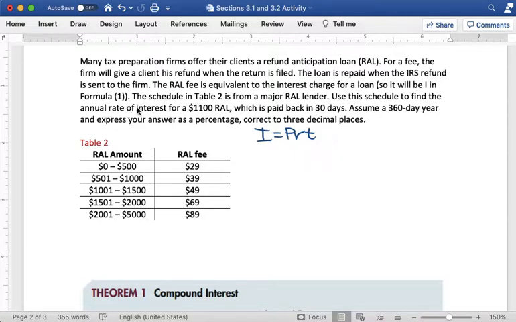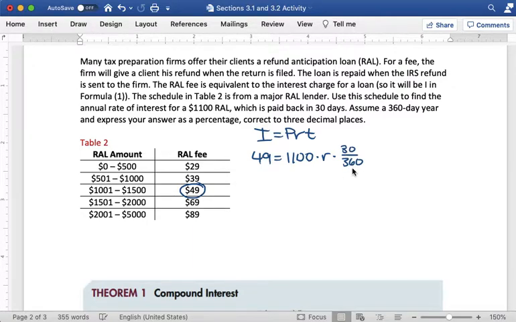So if our loan is $1,100, using the chart here, that's going to be $49 in interest. So I'm going to plug that in for I. I'm going to plug in 1100 for P, and R is what I'm solving for, and then T is going to be 30 over 360.